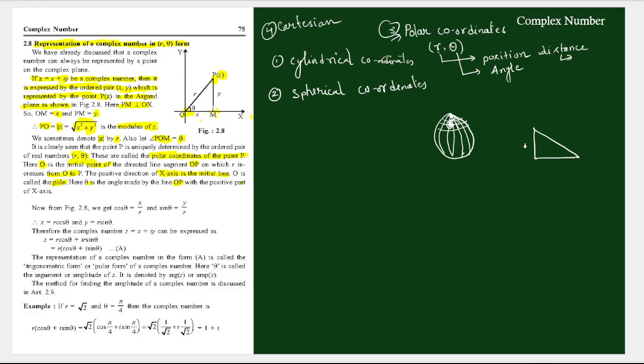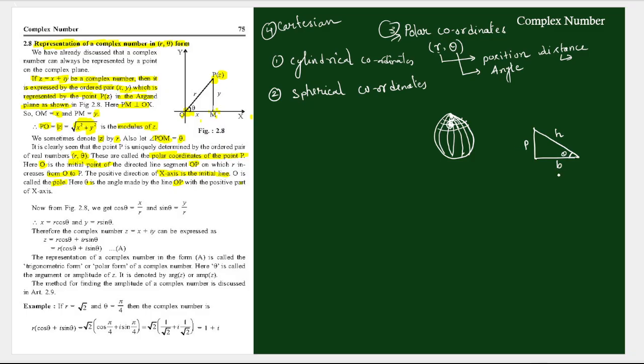So this is the perpendicular, this is the base, this is the hypotenuse, and with this one it has made some angle, some angle theta. Now if you want to find x, here x is the base. This is x and this is y.